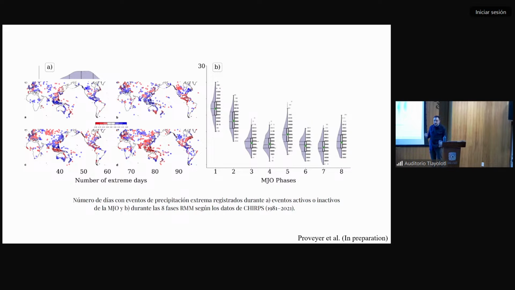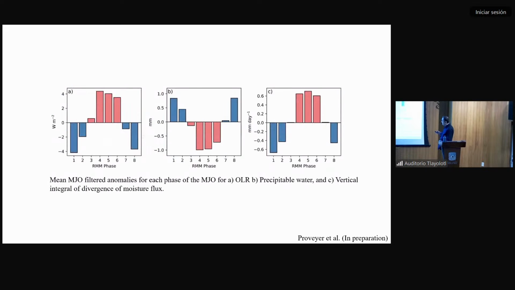This is something similar, although we are studying here extreme events, but in much finer detail. And what's happening in Mexico City is that actually the MJO is changing something, and you see this is OLR, this is precipitable water, and this is integrated divergence of moisture flux.